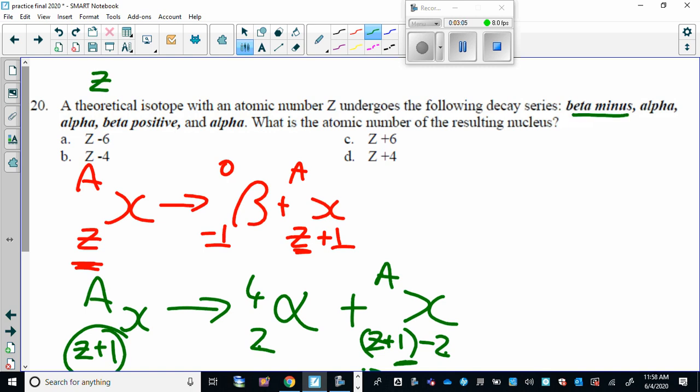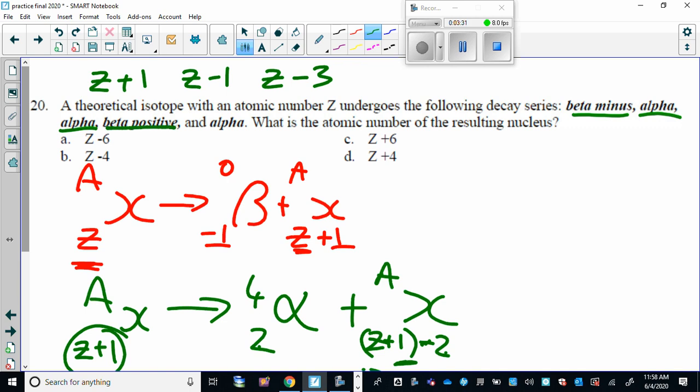Once you go to beta minus, it's going to be Z +1. Then you go to alpha, so you subtract 2 from that, and you get Z -1. Then I go to another alpha, so if I subtract another 2, it becomes Z -3.